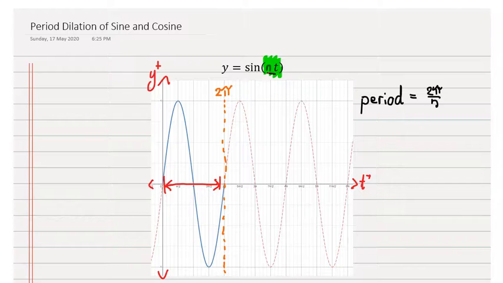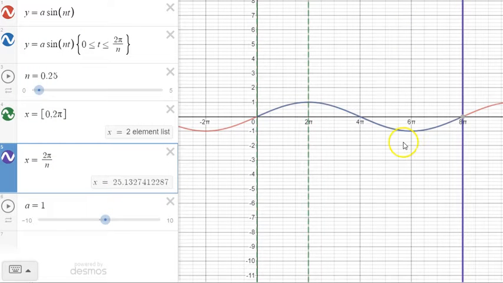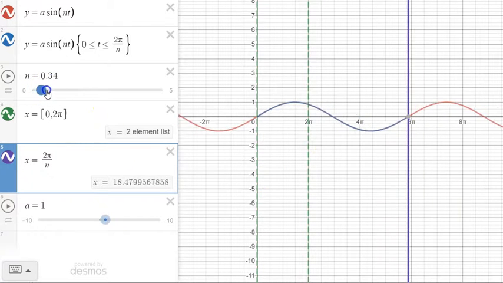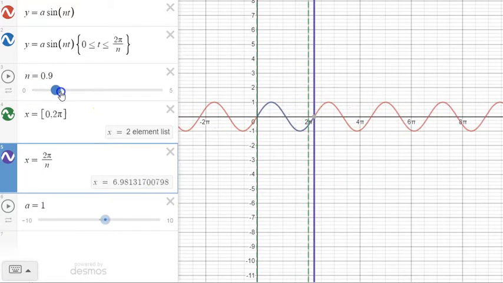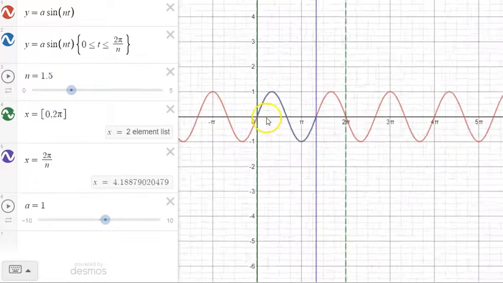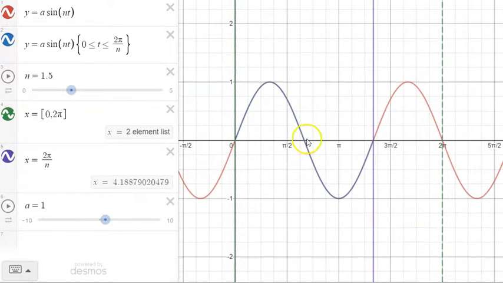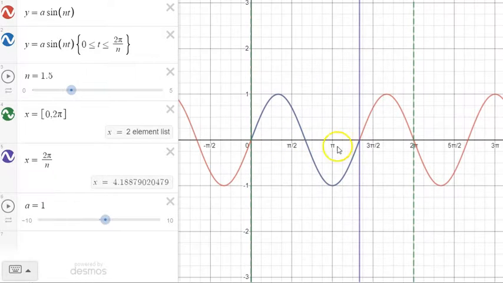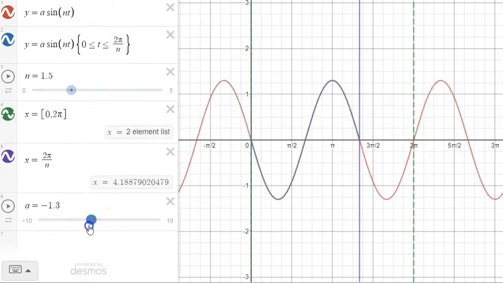Now if we want to get really fancy and tie this into the concept we were looking at just before, we can do period dilation. I'll speed up the period and give it an n of, say, 1.5. That's a little bit different. And we can also add in the amplitude dilation. So changing the a, notice what happens.